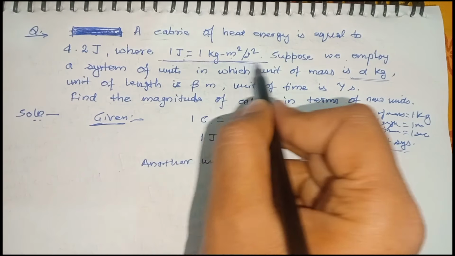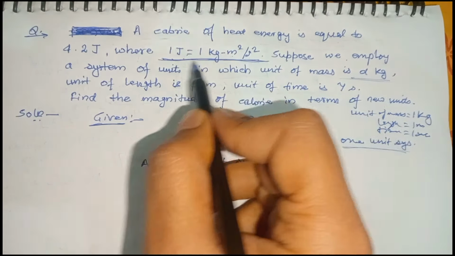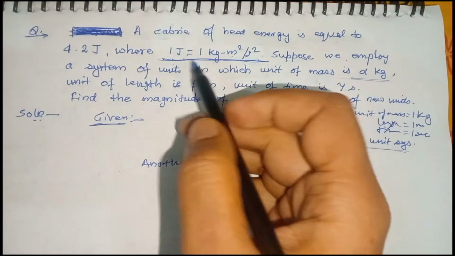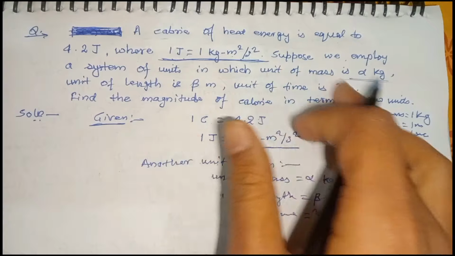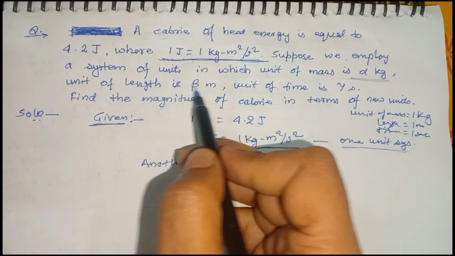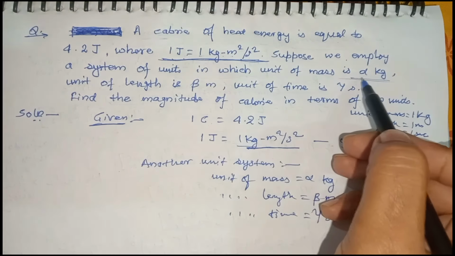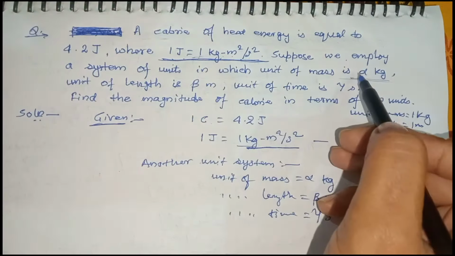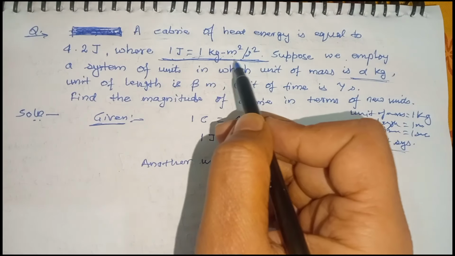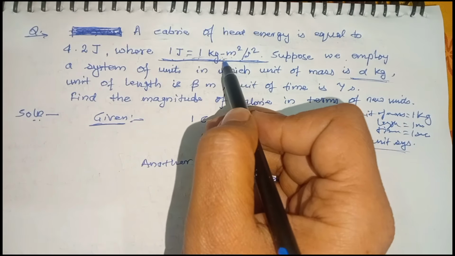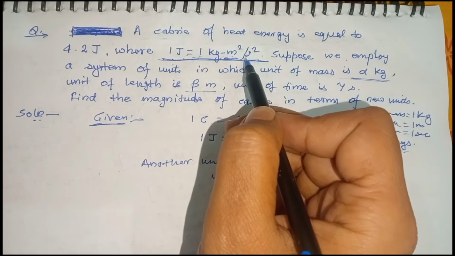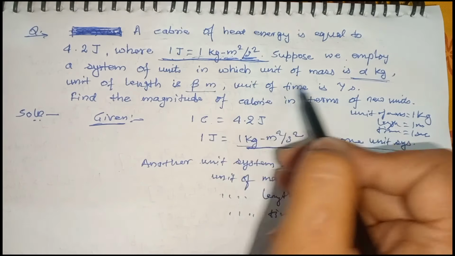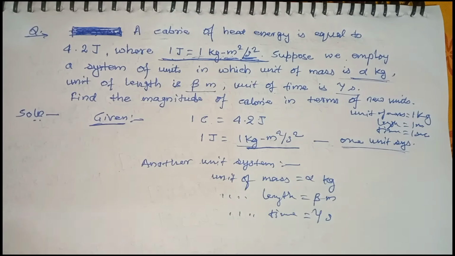The main focus of giving this is to show that this is the system of unit previously followed. Now there is another system in which the unit of mass is not 1 kg but alpha kg. The unit of length previously was 1 meter, but here it is beta meter. The unit of time previously was 1 second, and now it is gamma second.